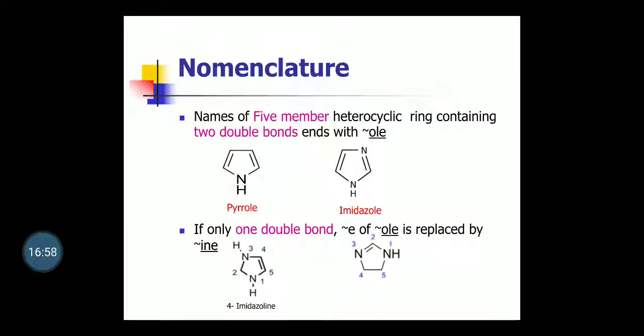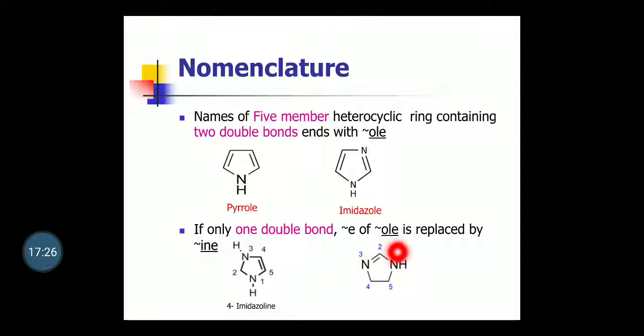Next example, again a 5-membered ring with two nitrogens. It's imidazole, or we can say that this ring is derived from imidazole, but with changes. Instead of two double bonds, there will be one double bond, and we have to give numbering. There are two nitrogens, one saturated and the second unsaturated, so obviously we have to start numbering with the saturated, single-bonded nitrogen: 1, 2, 3.